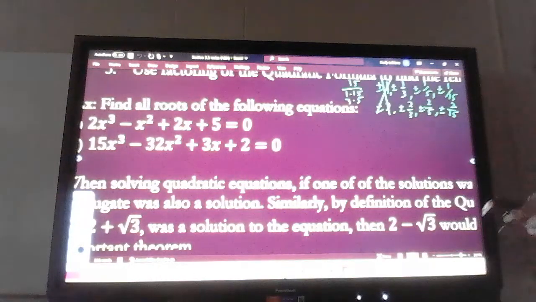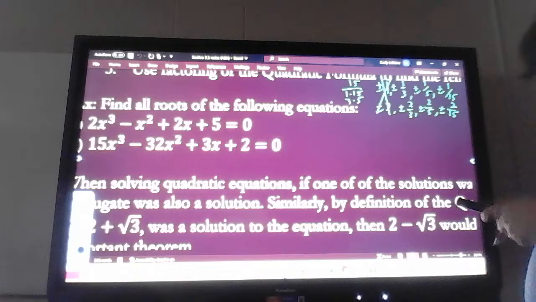All right, so I'll start with 1/3, the plus and the minus. 15 times -1/3 to the third power, minus 32 times -1/3 squared, plus 3 times -1/3, plus 2.